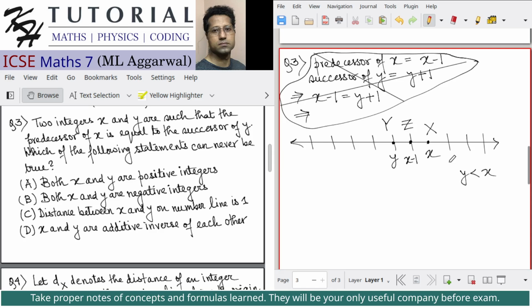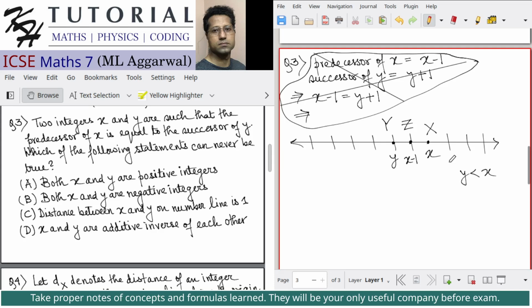So choice A: both x and y are positive integers. Can this be the answer, that x and y can never be positive integers? No, choice A cannot be the answer. The question is asking which of the following statements can never be true.